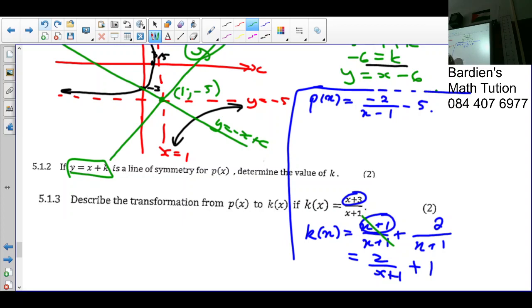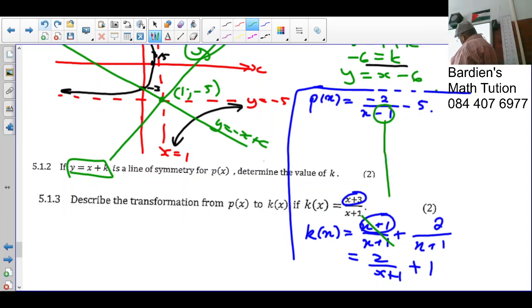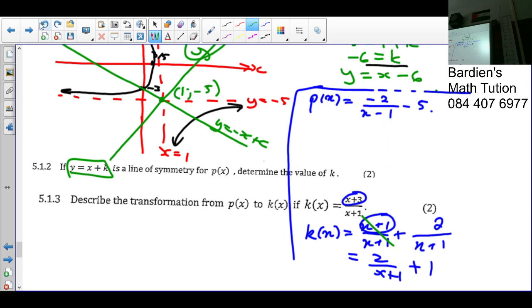Now the question is, you see a negative 1 here, but here's a positive 1. So how do I change the sign on the denominator? I'm going to either translate it 2 units to the left, then I was adding 2 on the x.